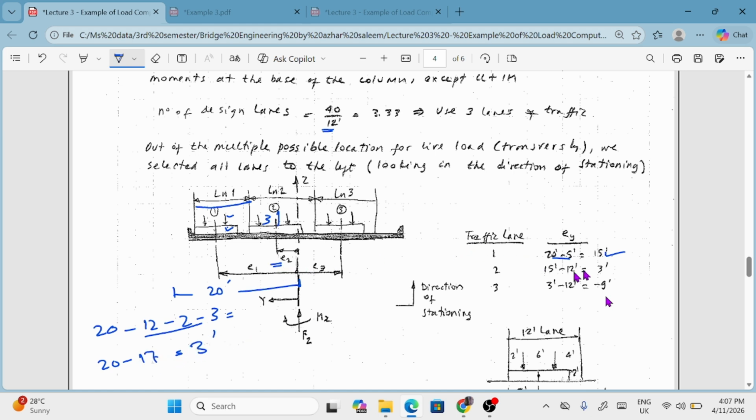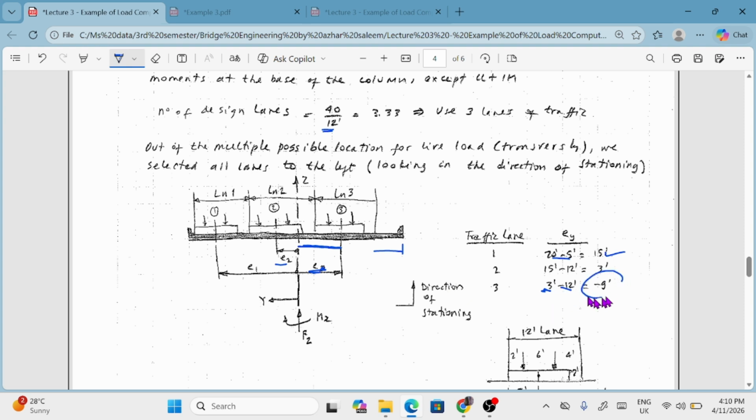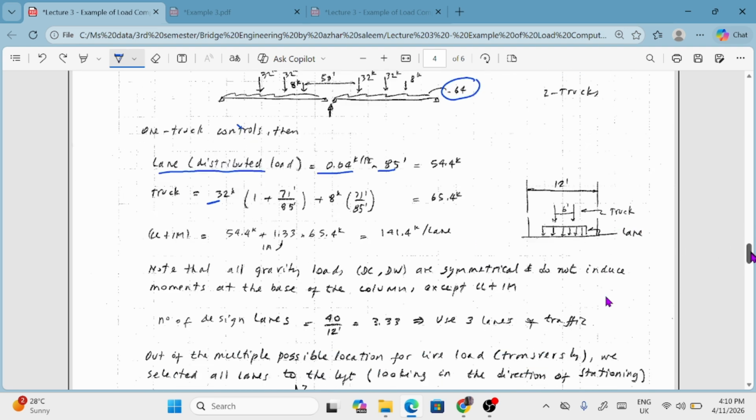So E2 is 3 feet. Negative 3, and this whole is 12 feet from here to here, so negative 9 feet. E3 is negative 9 feet. So we have calculated all the eccentricities.